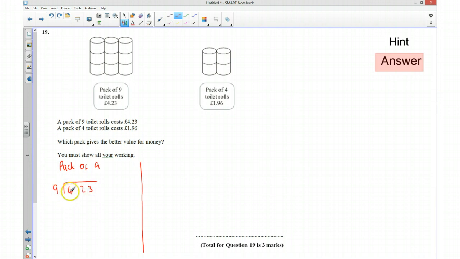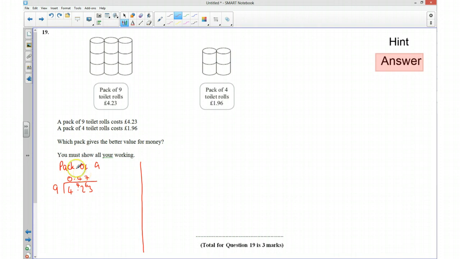Okay, 9s into 4s we can't do, so I'm going to put a 0 there, and my decimal point needs to line up, and I'm going to carry that 4 over here. 9s into 42, well, that's going to be 4. That's 4 9s are 36, and we'll have 6 left over here, and then we can do 9s into 63, which is going to be 7.